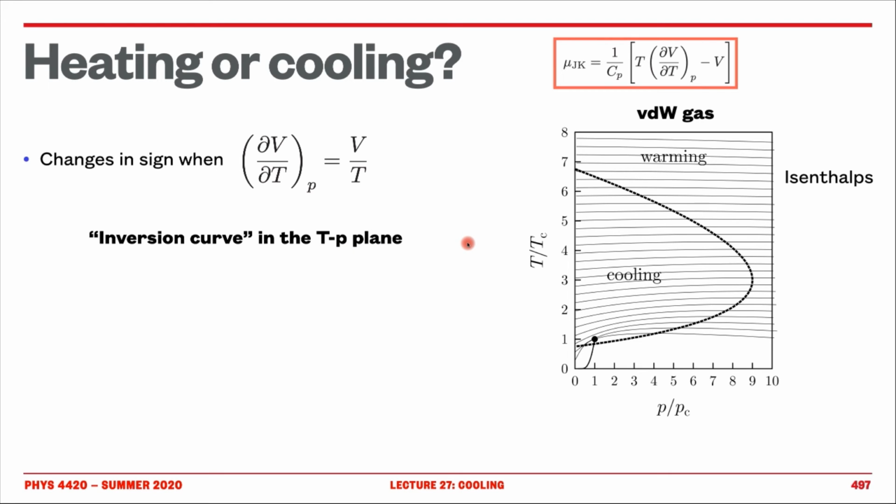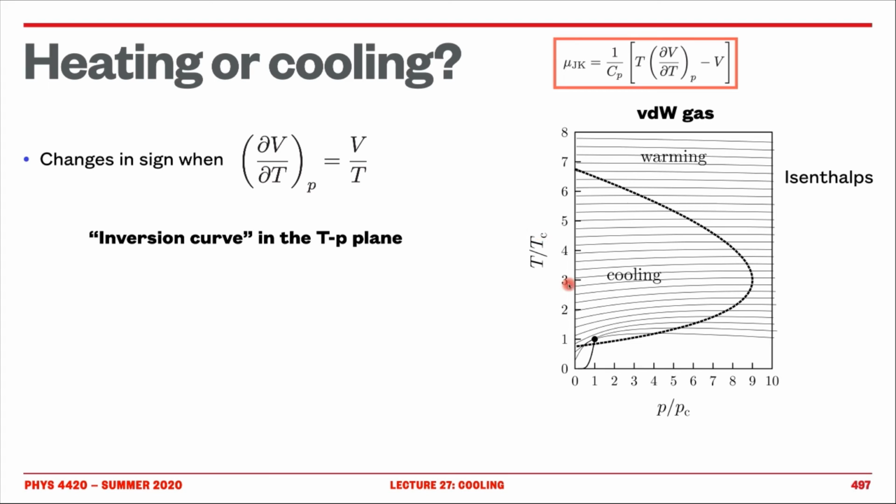We are going to spend quite a bit of time explaining this figure, so do not panic. Here we are essentially plotting the temperature with respect to pressure for a van der Waals gas, and of course here we are using reduced coordinates by dividing by the critical values.